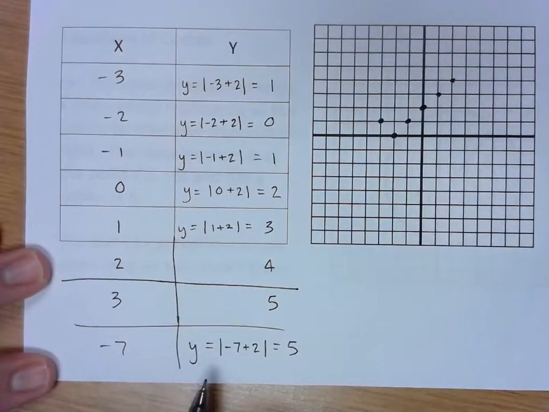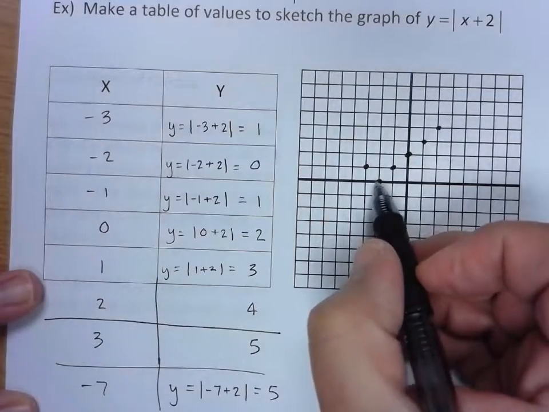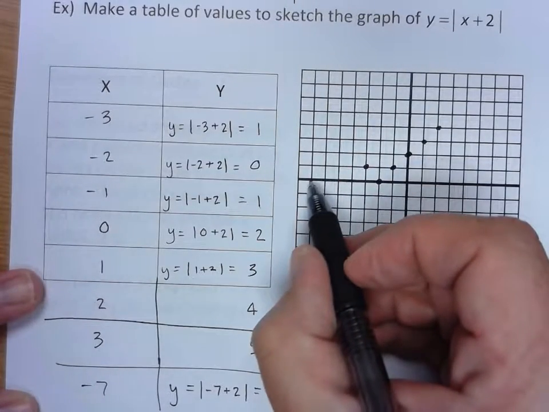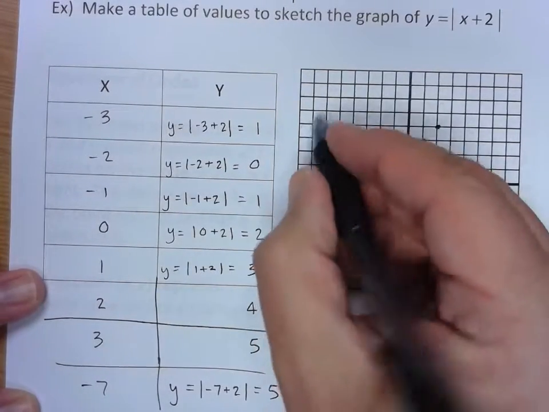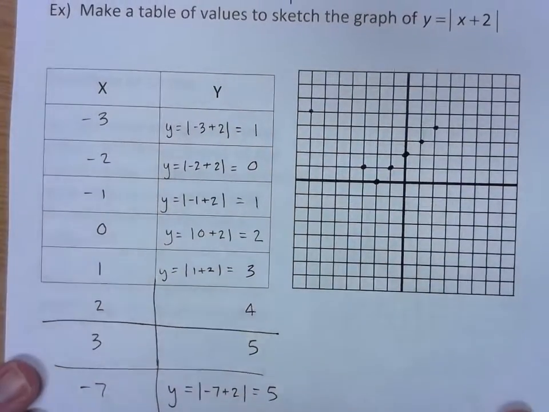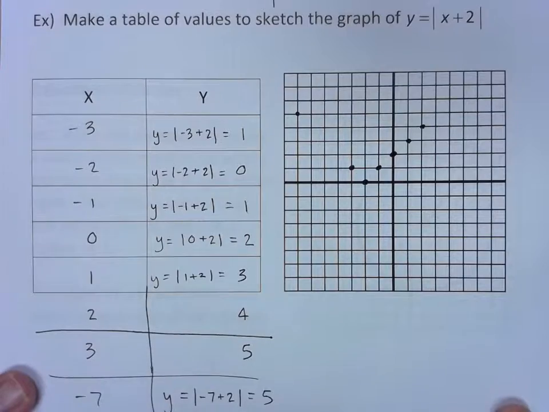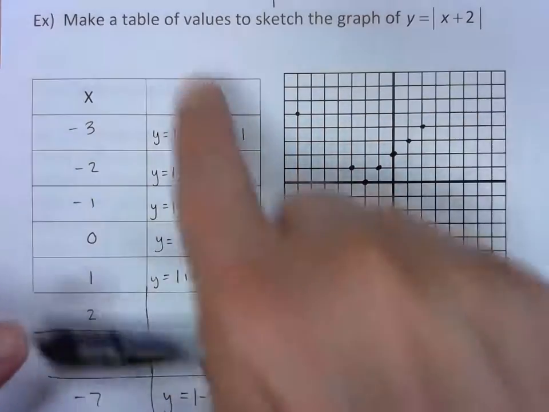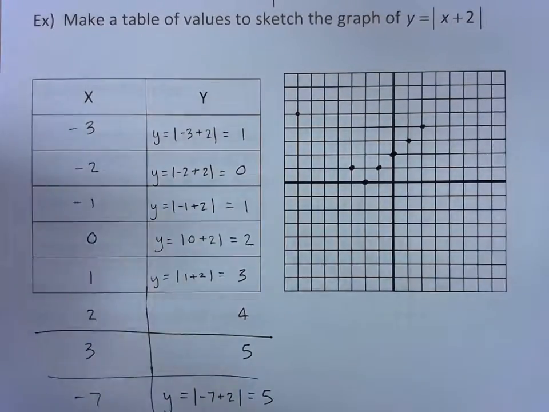So that means that x equals negative 7. 3, 4, 5, 6, 7. I'm going to go 1, 2, 3, 4, 5. So this graph is making some kind of giant V shape.